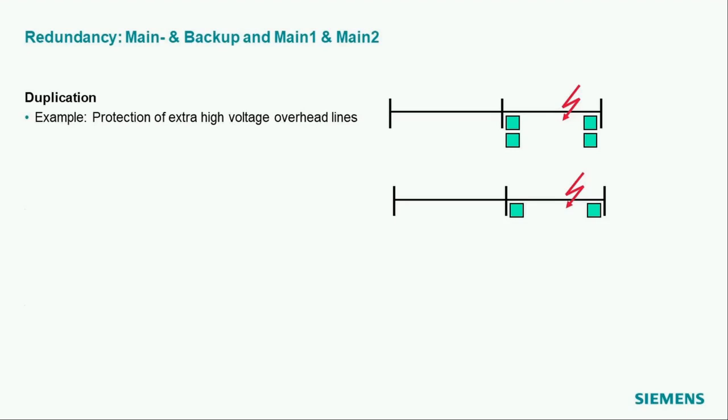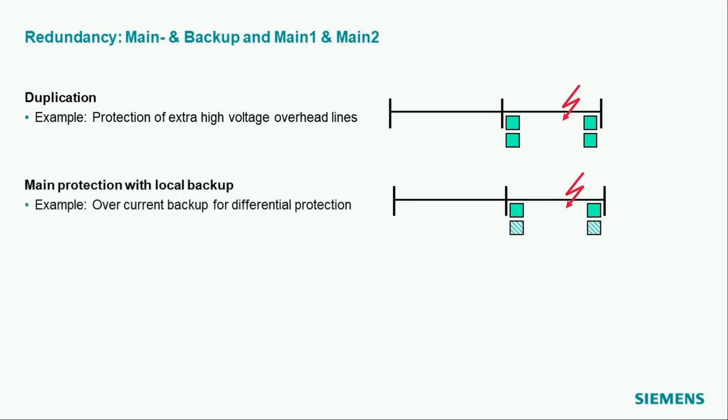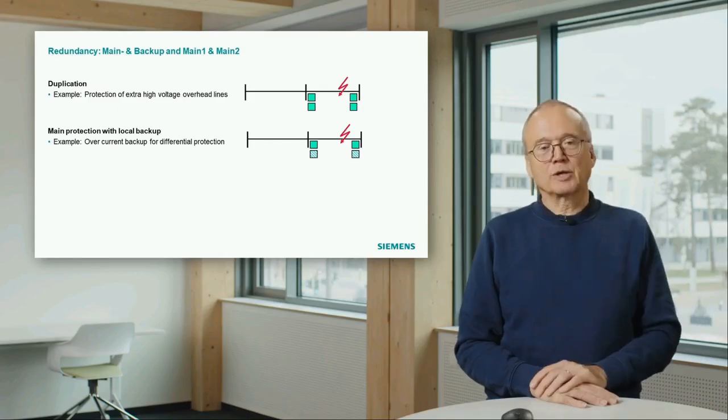For that reason, it makes sense, for instance, to install in parallel to the line differential protection an overcurrent protection as a backup. There you also have two devices, but it's a much simpler thing than having two full-blown distance protection schemes there.